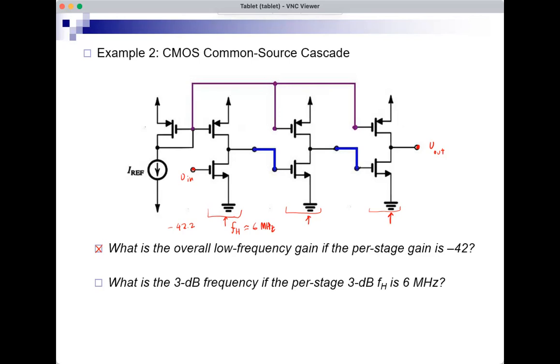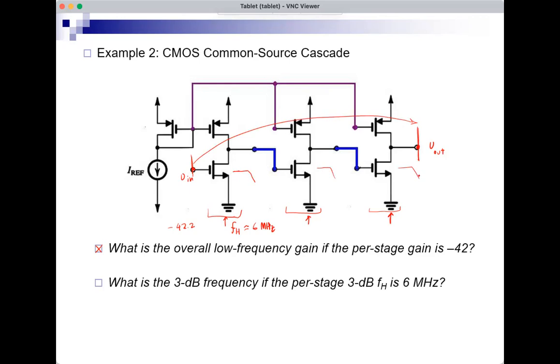What about the 3 dB frequency for the overall amplifier? So now I have, this is the final output. This is the initial input. I want the 3 dB frequency going from here to here. Each of these stages has a Bode plot like this. They drop at 6 megahertz. This one drops at 6, and this one drops at 6.